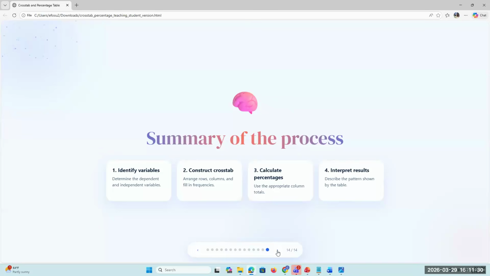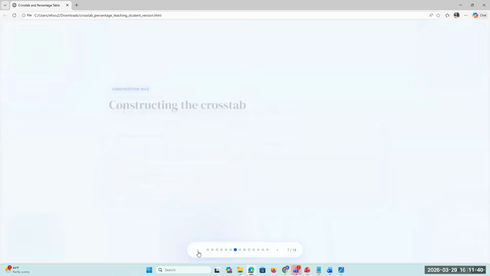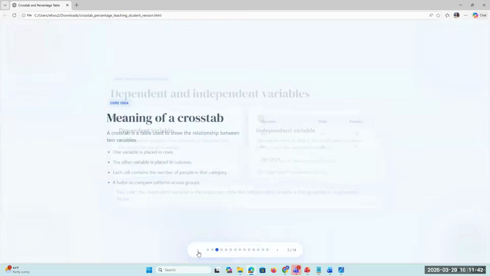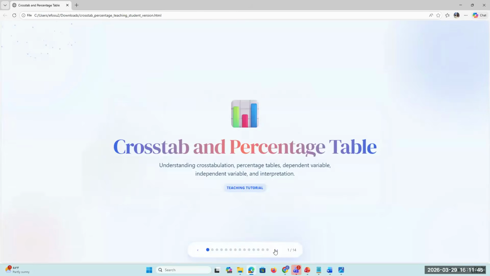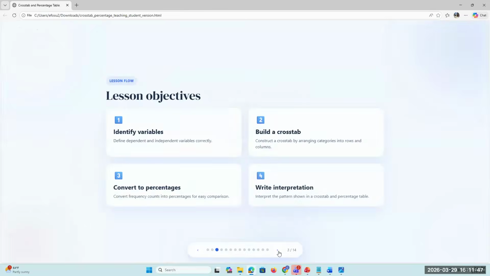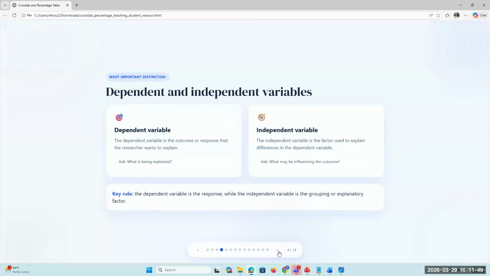So what we just spoke about, dependent variable and independent variable: the dependent variable is what we seek to predict, while the independent variable is what is causing the prediction. We said that the dependent variable is the outcome, what you are seeking to explain.